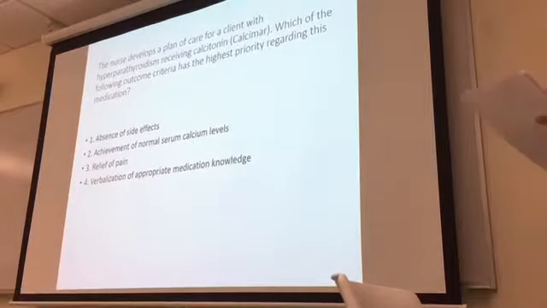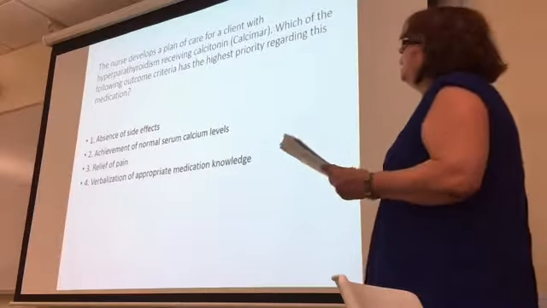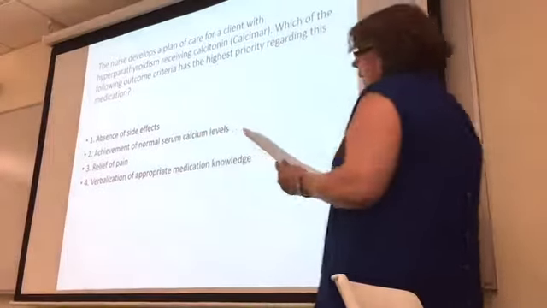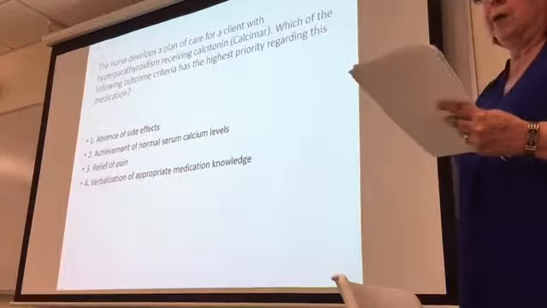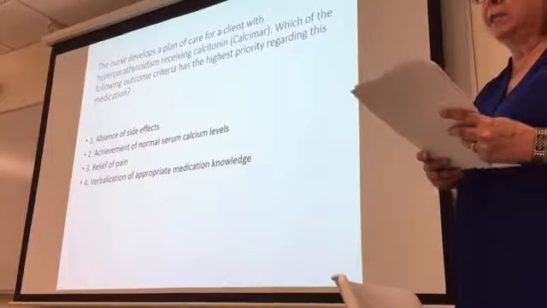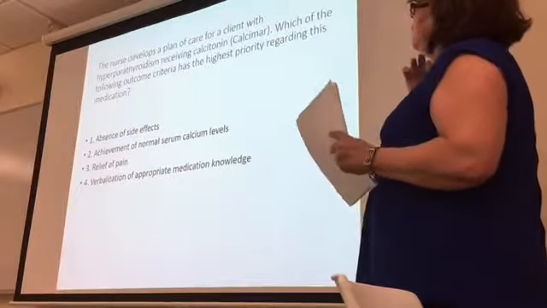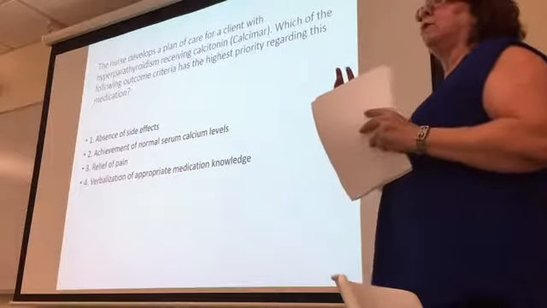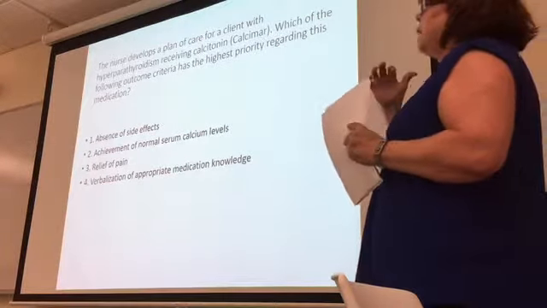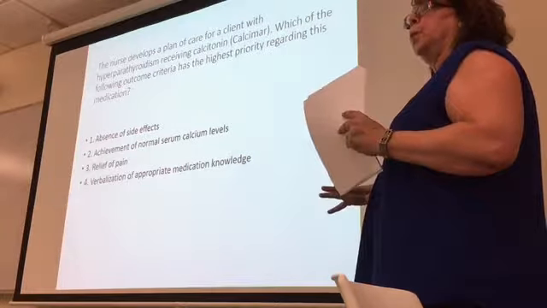A nurse develops a plan of care for a client with hyperparathyroidism receiving calcitonin. Which of the following outcome criteria has the highest priority regarding this medication? Someone with hyperparathyroidism, are they going to have high calcium or low?